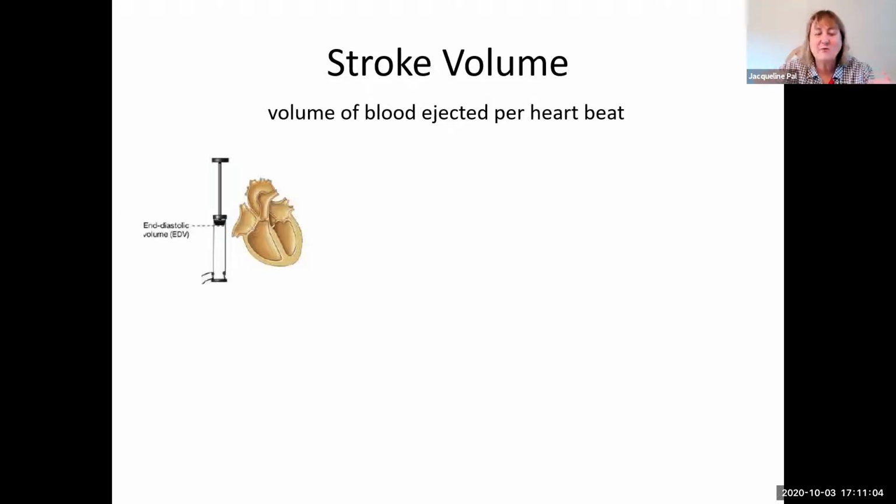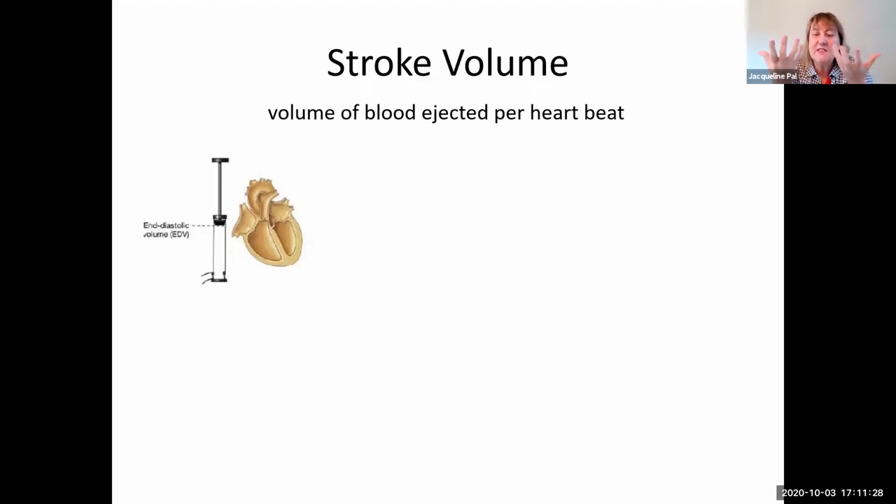So that last moment before the ventricle starts systole is called the end diastolic volume. That's how much blood is in the ventricle before the ventricle contracts. So that's the maximum amount that could possibly leave the ventricle, albeit you'll learn nowhere close to that maximum amount is going to be leaving.